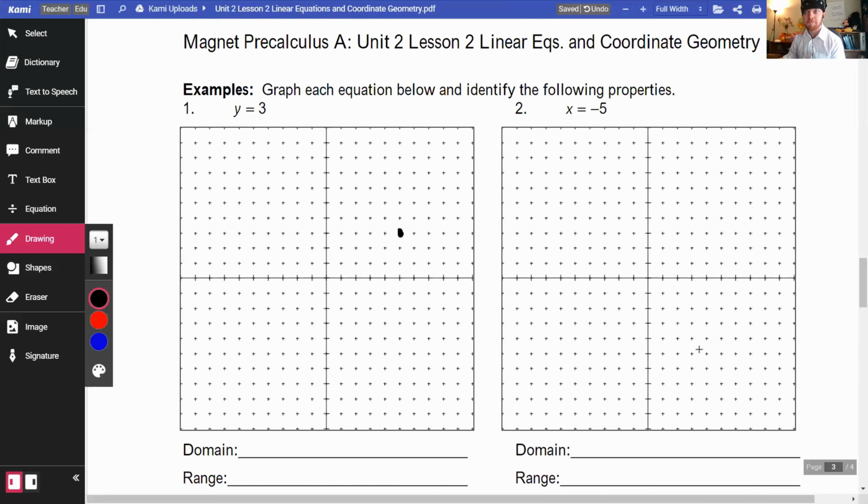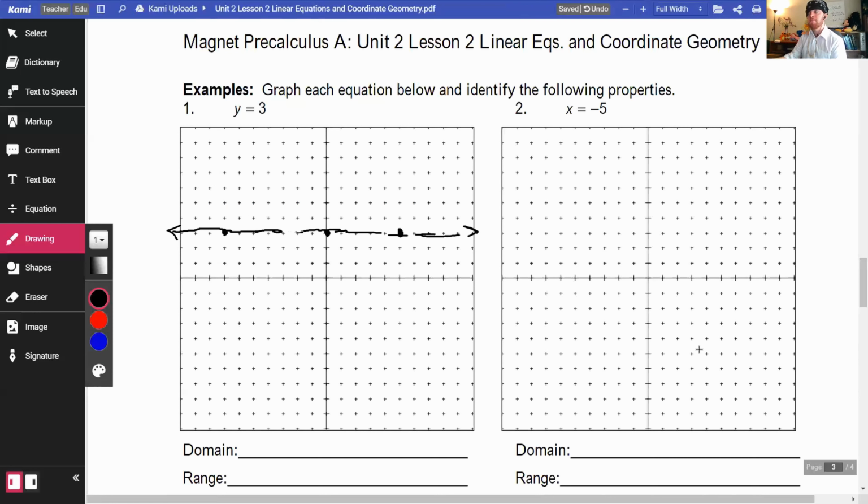Give me another point. (-7, 3). Give me one more. (0, 3). y equals 3 is the line where the y coordinate of all points is 3. Thus, it is a line parallel to the x-axis. This confuses people. They think y is vertical. Not here. y is constant, 3.